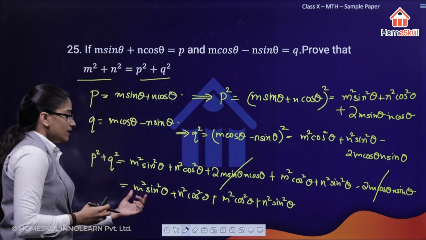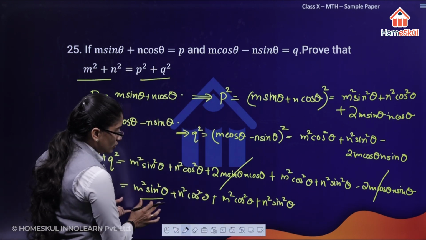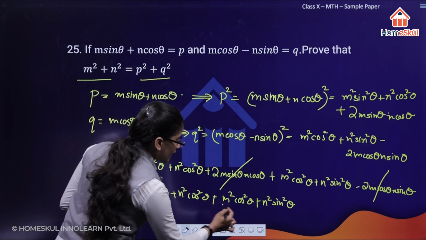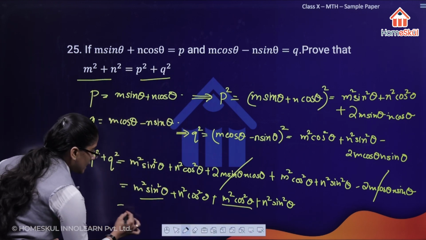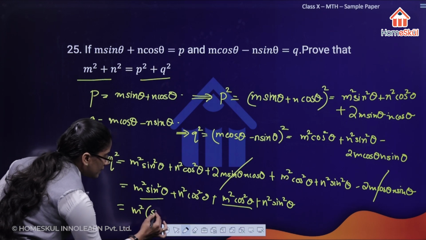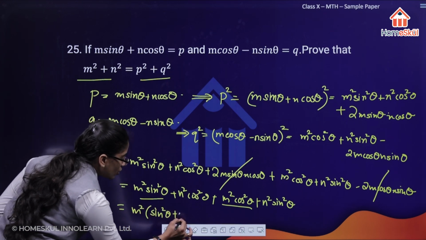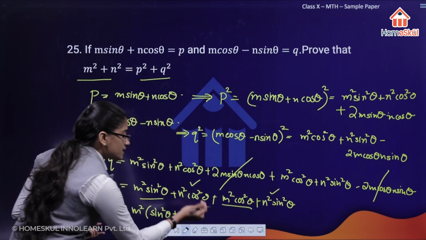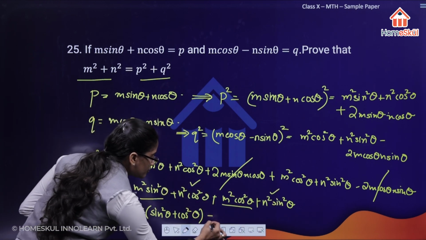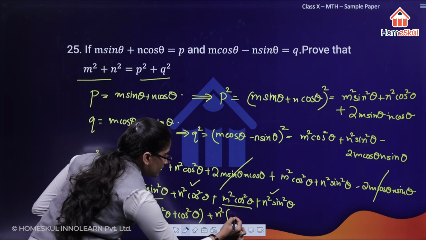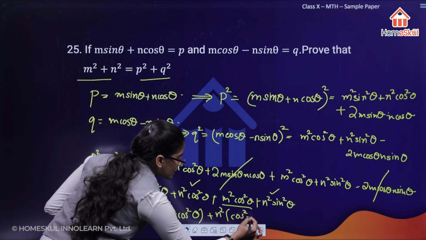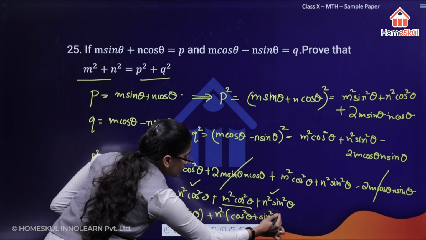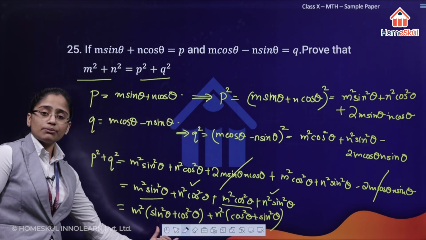Let's simplify these terms. Taking m square common, we will be getting sin square theta plus cos square theta, and on taking n square from the other two terms, we will be getting n square times cos square theta plus sin square theta. What is sin square theta plus cos square theta?